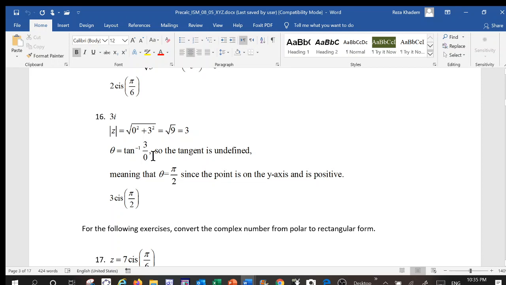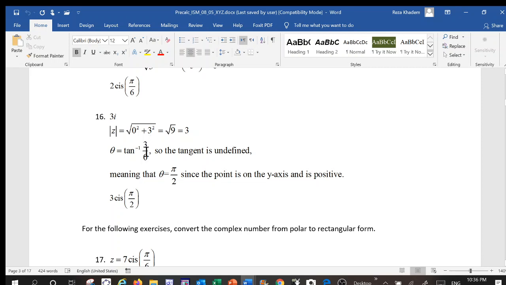Now, what's the angle? Now we know this is not in one of the quadrants. 3i is on the positive y-axis. So obviously the angle is pi over 2. Now if you do the tangent inverse, obviously tangent inverse is undefined, but we know the angle is pi over 2.